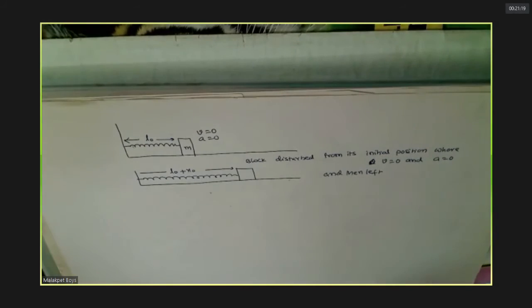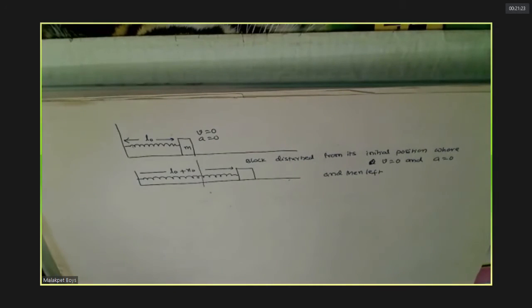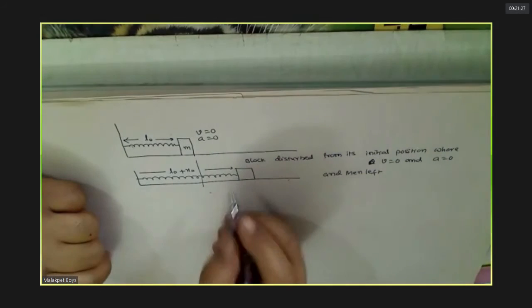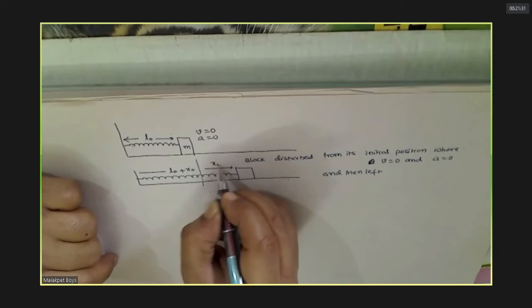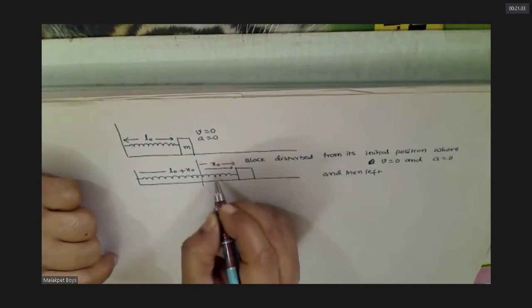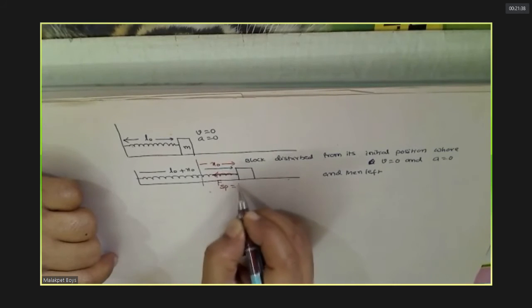If you see that from here to here you are pulling, one force will act. What is that force? The spring force will act or not? Back in the leftward direction. So there is a spring force in the backward direction. Understood this?